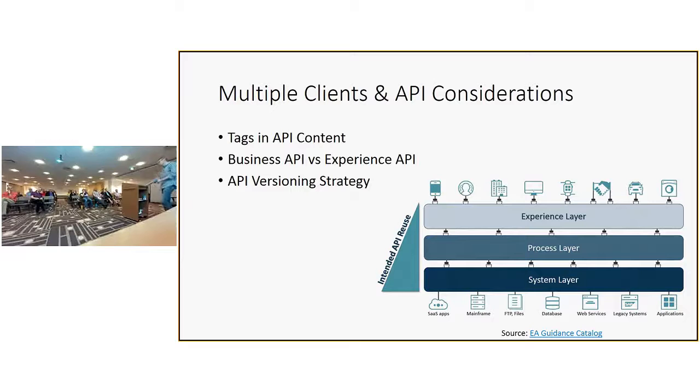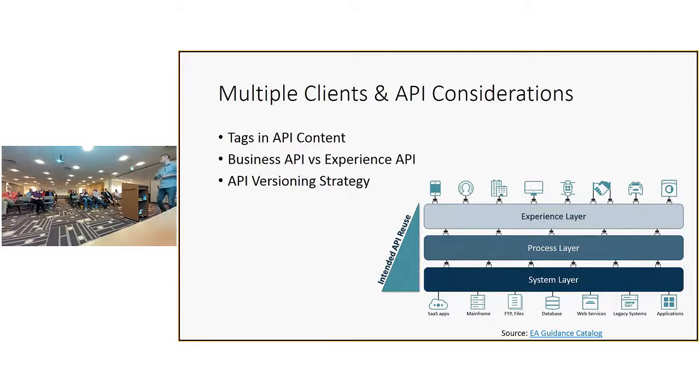Now, there may be another solution to that. There are different layers of APIs, different types of APIs. That image I've got on the bottom right is actually from the EA guidance catalog, and you can read up on all the different layers and types of APIs. I like to simplify this when I talk about it. I say there's business APIs, line of business APIs, that are intended to be reused, and there's experience APIs which are not intended to be reused.